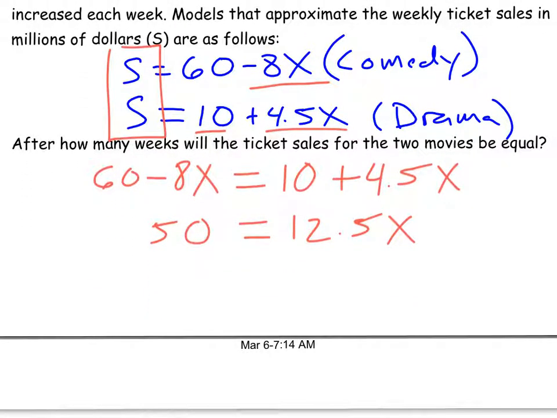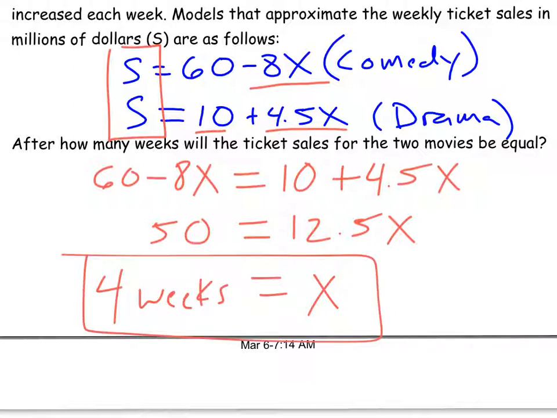And it's coming together nicely. So I divide both sides by 12.5. And we will get our solution that the overall sales are going to change, at least it's our prediction, in about 4 weeks. We think the drama is going to be making more money each week than the comedy.